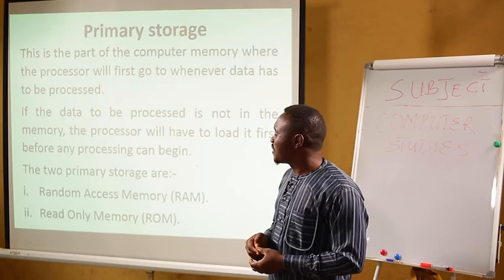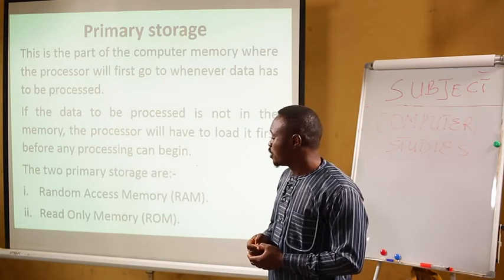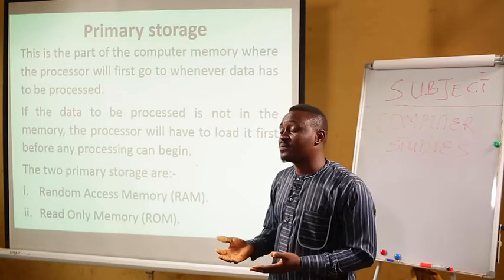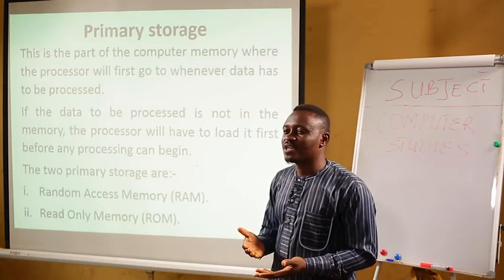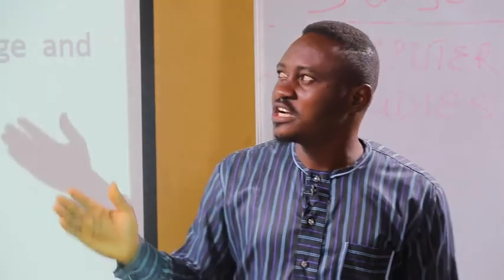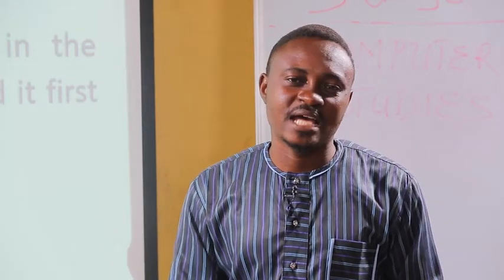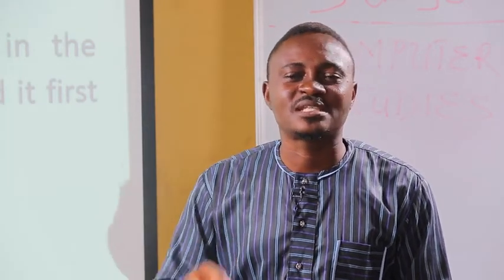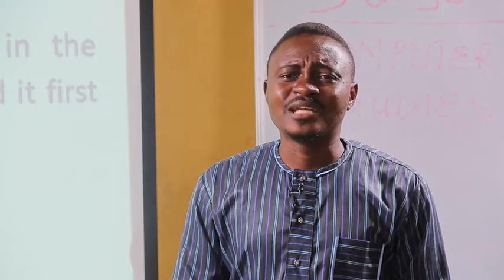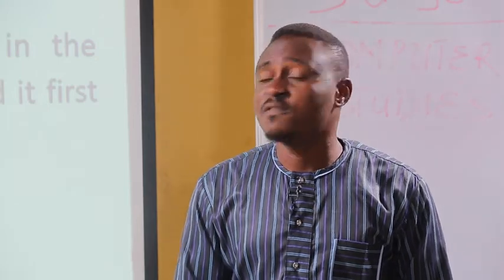We have the random access memory, RAM, and the read-only memory, ROM. The primary storage, before we discuss the ROM and RAM, is one of the most important memories in the computer. It is responsible for the startup of the computer and the basic functionalities that enable the computer to function effectively.